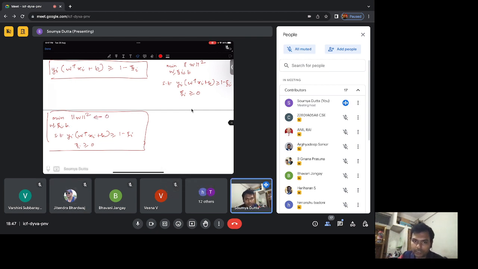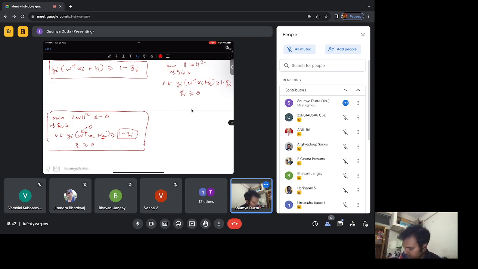So it cannot go down below 0. If this becomes 0, that means a vector whose norm is 0 is the zero vector. So this is 0. That means you have yi into b is greater than or equal to 1 minus zeta i.